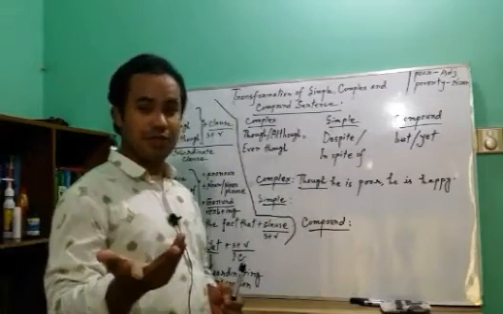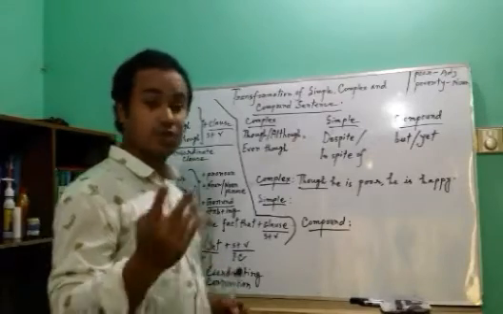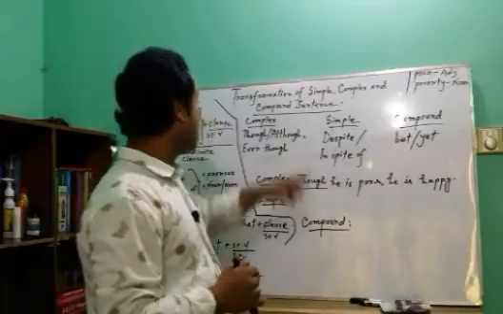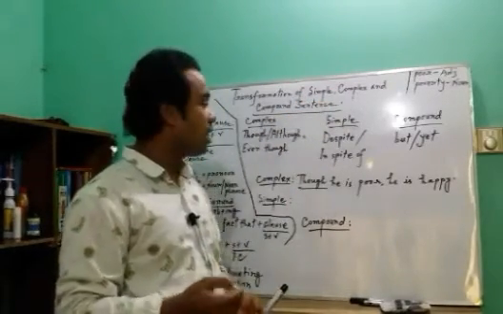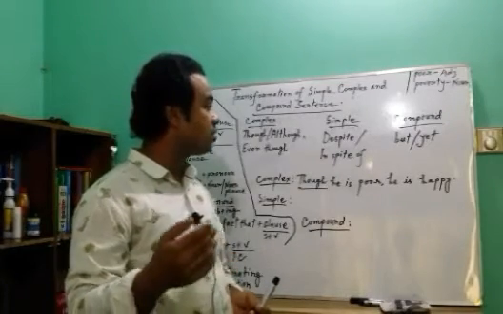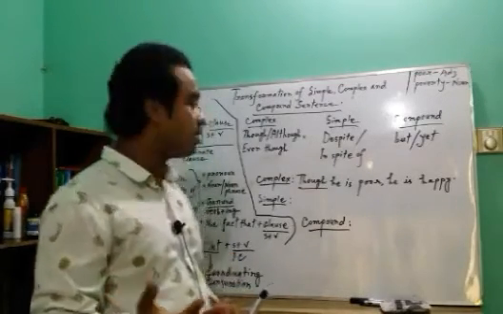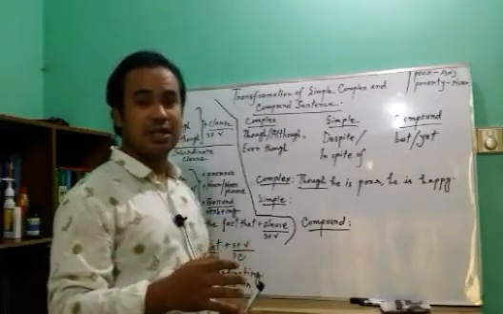in my last two videos, for your better understanding, I talked about simple, complex and compound sentence in details. I discussed their definitions, I discussed their identifications. It means how to identify different types of sentences.